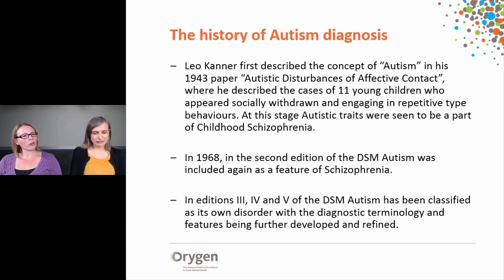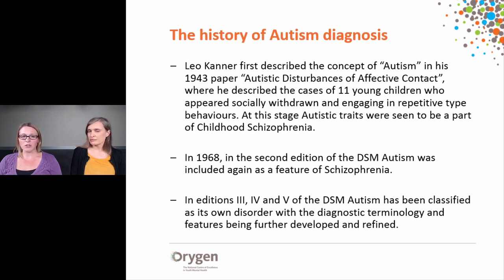So just touching a little bit more on where this term autism comes from. We first heard the term autism back in 1943 when Leo Kanner, a psychiatrist, wrote a paper called Autistic Disturbances of Affective Contact, where he described cases of 11 young children, all boys, who appeared socially withdrawn and were engaging in repetitive behaviours.